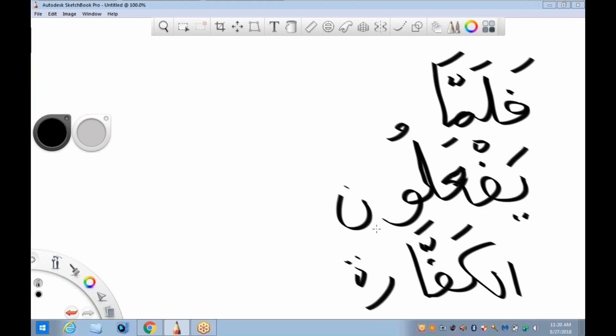The first one, you will read after me. Falamma. In this letter, you have to hear the sound and the wind. Don't say balamma, ba, ba, ba.